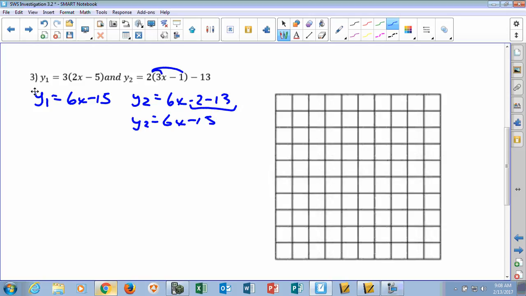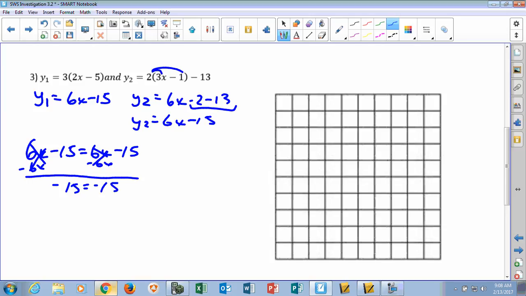Okay, so something's going to happen when I set these two equal to each other. Number 1, they're the same equation. So when I move the 6x over, these all cancel out, leaving me negative 15 equals negative 15. That's what we call an identity. The left side equals the right side. That means there's going to be an infinite number of solutions.